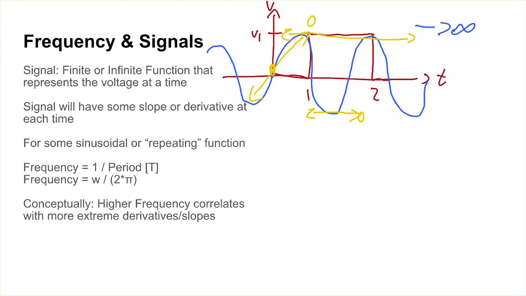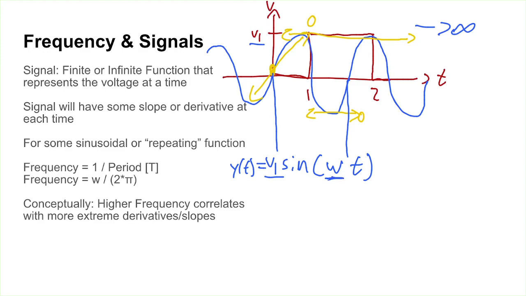So a sinusoid, if you can recall the equation for it, you could write it as sine omega t. So t is obviously our variable, so y of t, right? And then the amplitude of our sine wave is equal to V1, right? Then we have this omega term, which is our angular frequency.